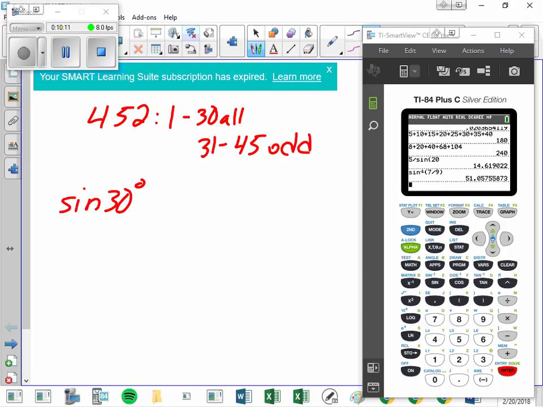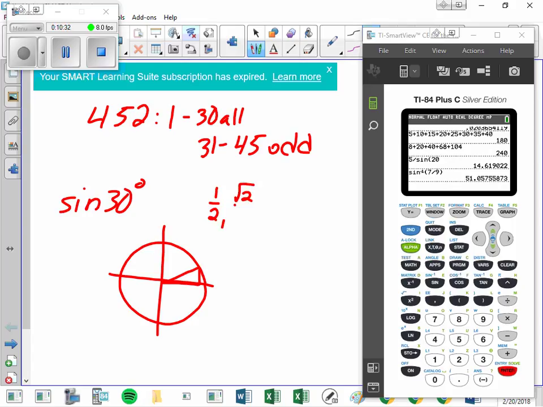Well, remember in the unit circle, 30 degrees would be right here. And there are only 3 lengths in the unit circle. In order from smallest to biggest is 1/2, root 2 over 2, and root 3 over 2.